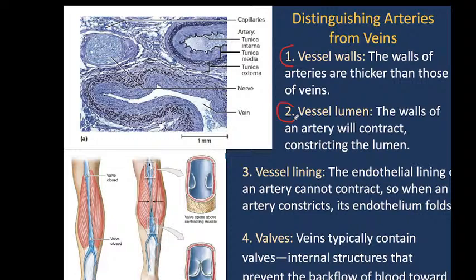Vessel lining, the endothelial lining. I hope you remember that the internal layer of the veins we call the endothelial layer.